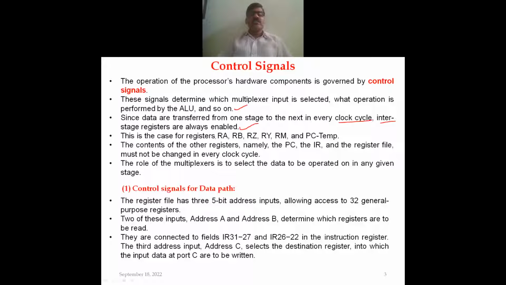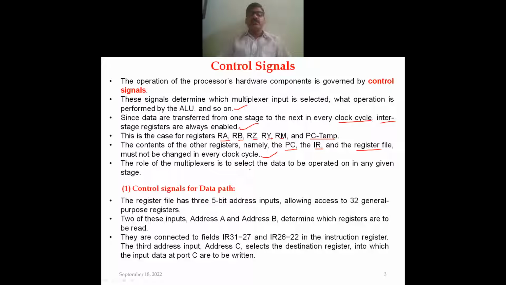The interstage registers we have used are RA, RB, RZ, RY, RM and PC temp. These are the different interstage registers used here. The contents of the other registers, namely the program counter, the IR and the register file, must not be changed in every clock cycle.